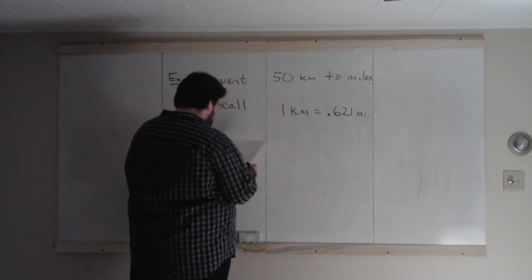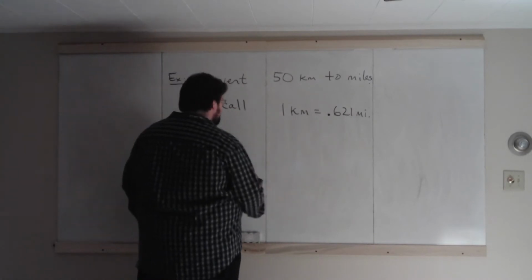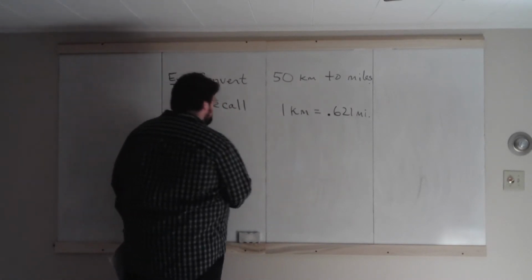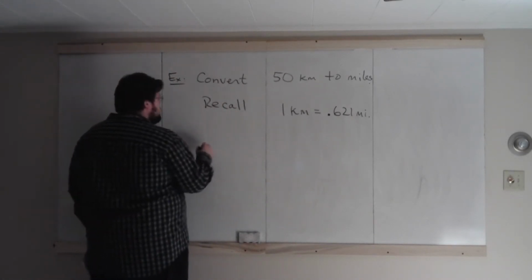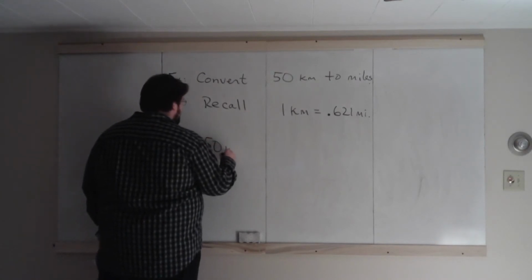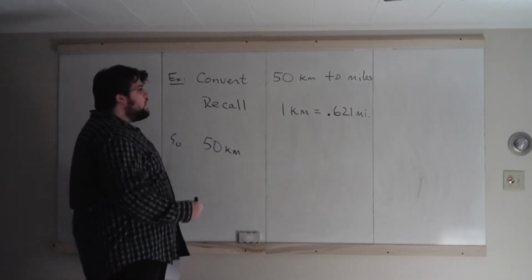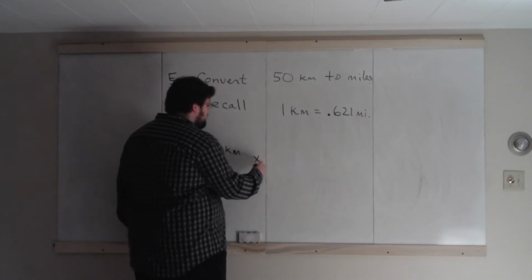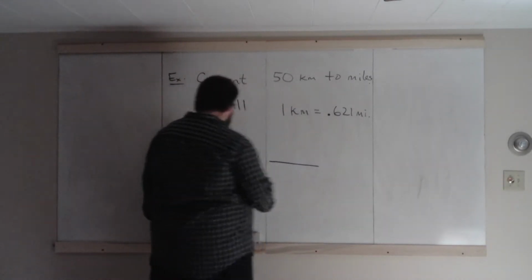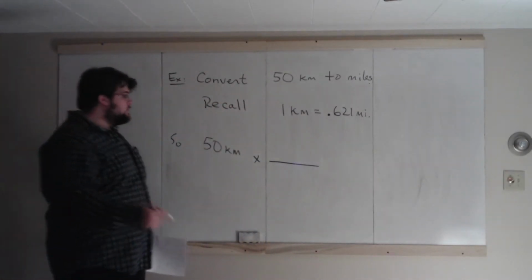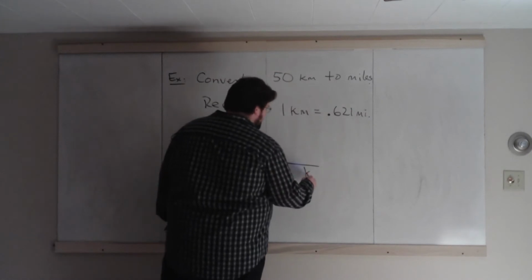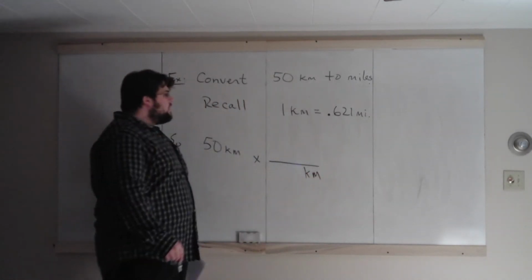So let's convert kilometers to miles. All we have to do is keep our units organized. So 50 kilometers, we want miles. We have kilometers and want to remove kilometers, so throw kilometers in the denominator.